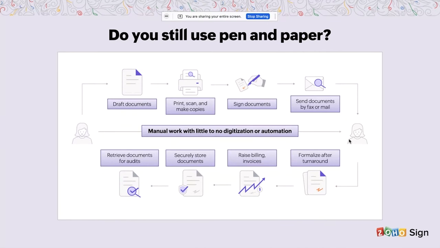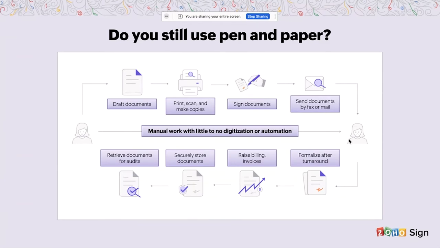Of course, this manual method usually means you have to wait longer to close the deal, and however, if there are any transactions or sales work involved, you have to raise billings, invoices, and whatnot. Even after this whole process, it just doesn't end there. You still have to store these documents securely, and you should be able to retrieve them for any future audits.